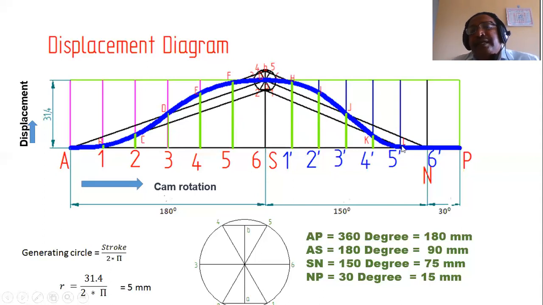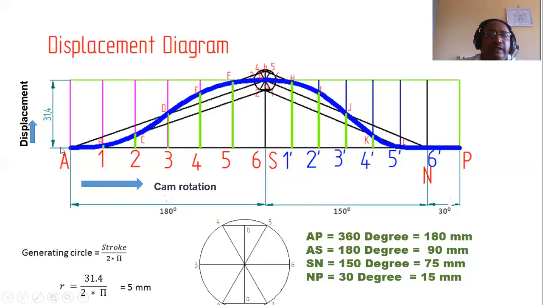Mark the points, they are K and L. And this diagonal intersects the line which is drawn from 3 dash, mark the point J. Then from point B, you draw a line parallel to this line so that it intersects the lines drawn from 1 dash and 2 dash at the points H and I. So you'll get H, I, J, K, L, and then this is N.